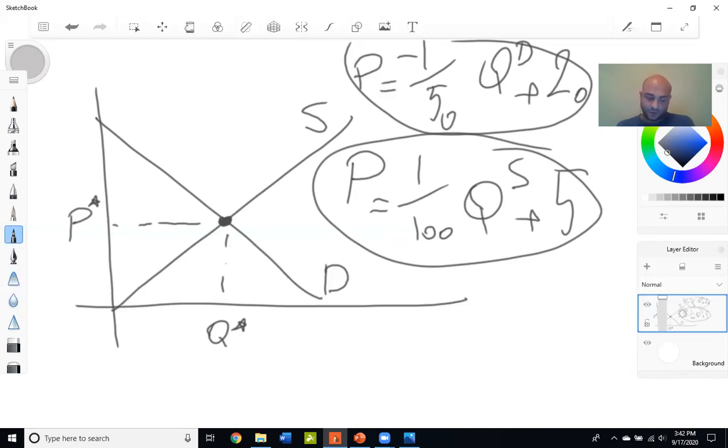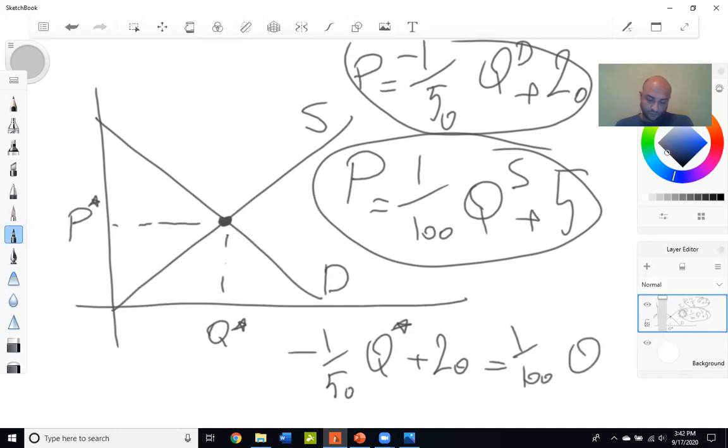If you set the 2 prices equal, you can have minus 1 over 50 multiplied by quantity, call it quantity Q star, plus 20 equals 1 over 100 multiplied by, again, Q star plus 5. Now we can solve for quantity on equilibrium.